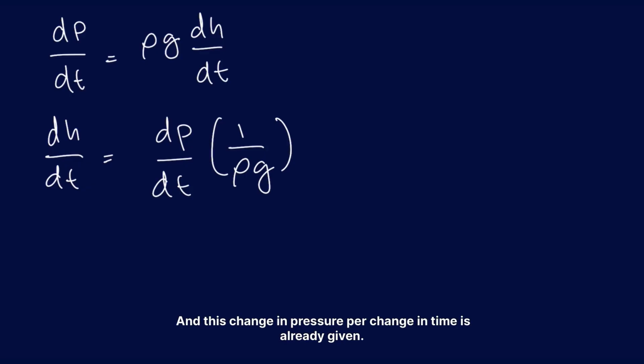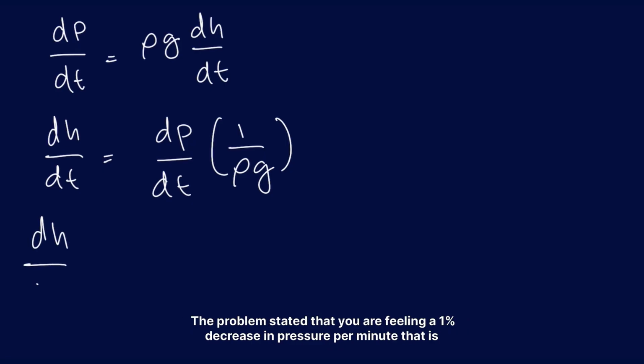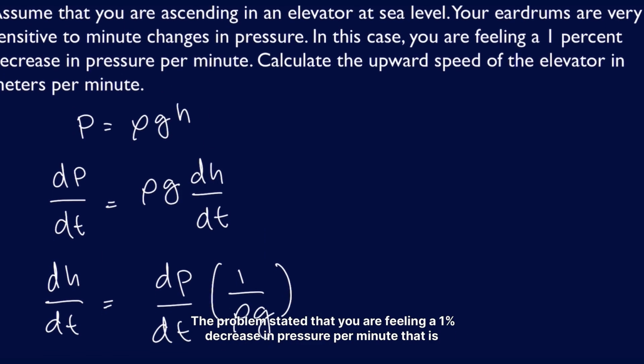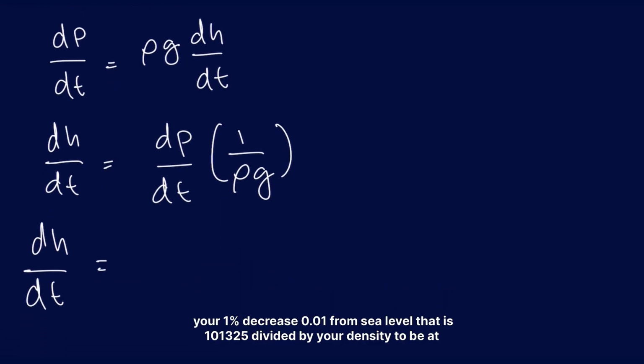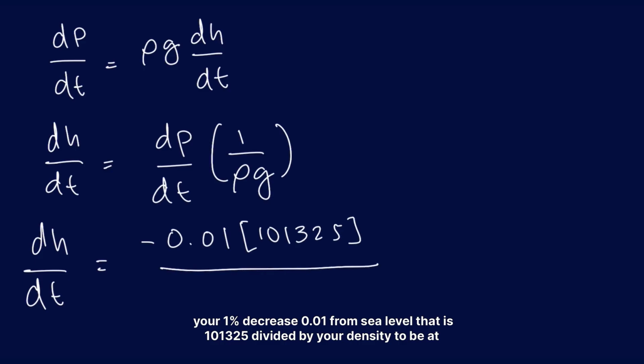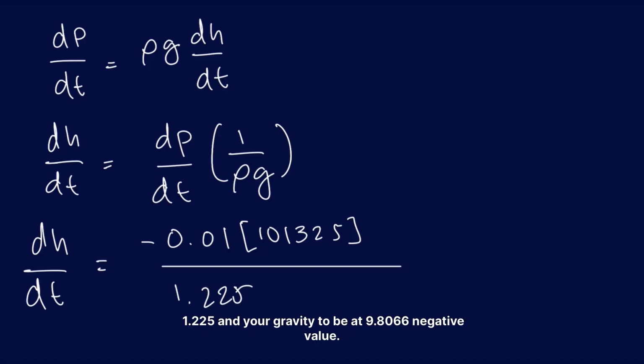And this change in pressure per change in time is already given. The problem stated that you are feeling a 1% decrease in pressure per minute. That's your 1% decrease, 0.01 from sea level, that's 101,325, divided by your density at 1.225 and your gravity at 9.8066, negative value.